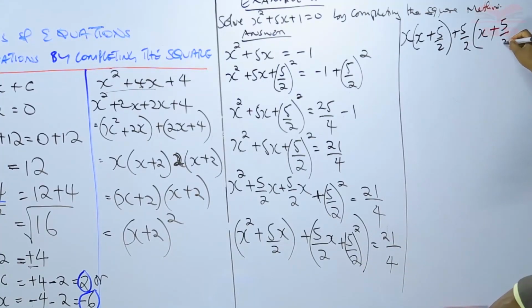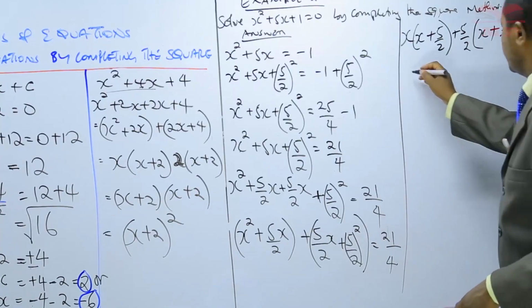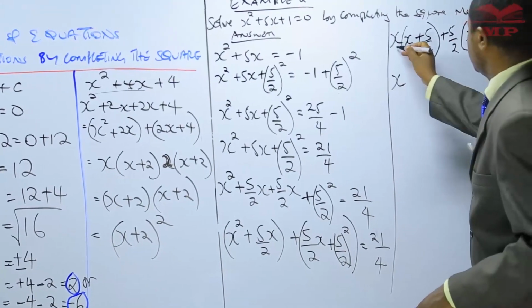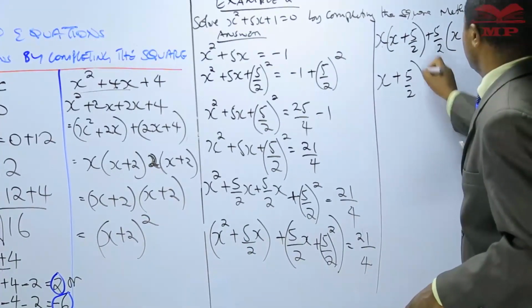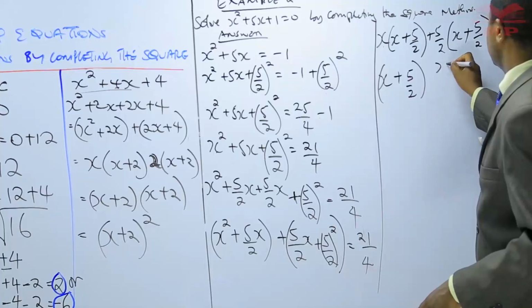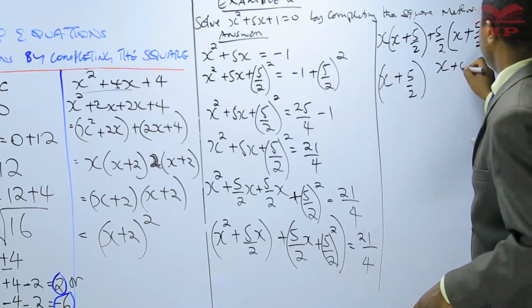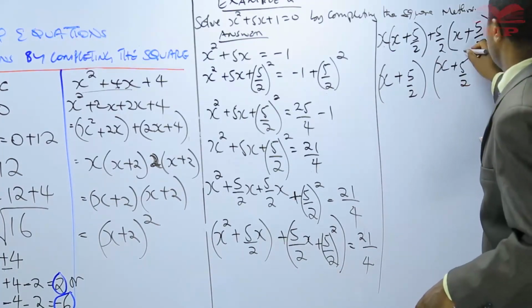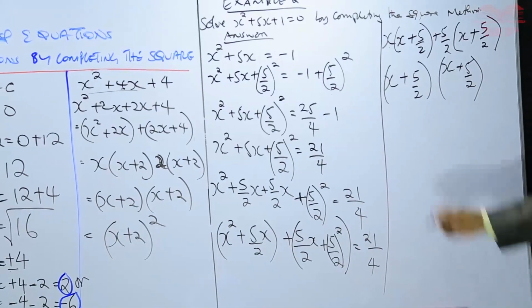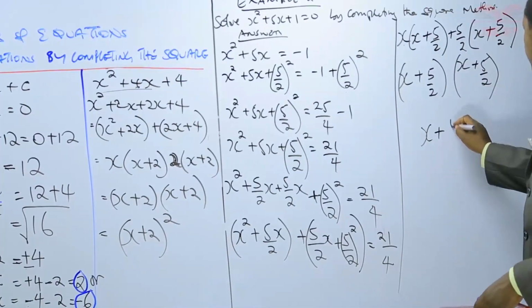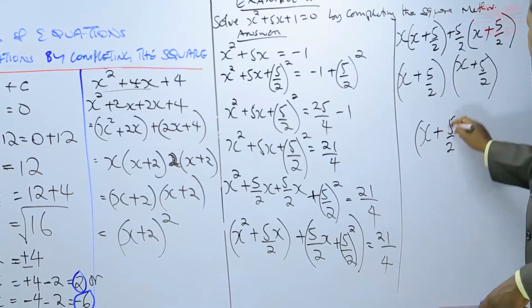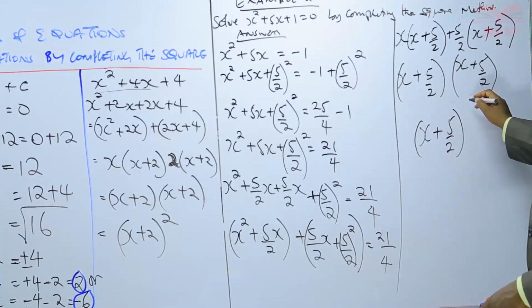So simplifying it further, we have x plus 5 over 2 times x plus 5 over 2, which can also be written as x plus 5 over 2 squared.